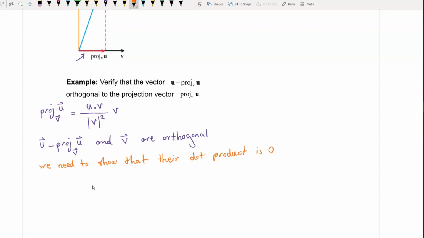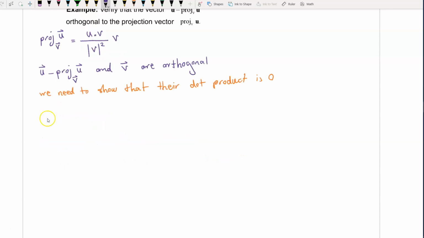To show that the two vectors are orthogonal, we need to show that their dot product is equal to 0. So the dot product: here we have u minus the projection of u onto v, which is u dot v divided by the length of v squared times v, then multiplied by v.